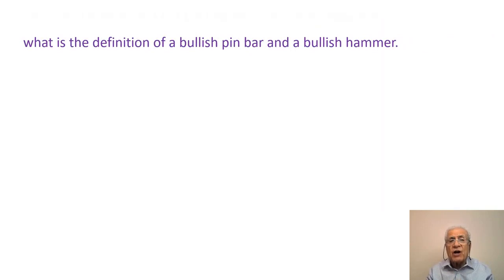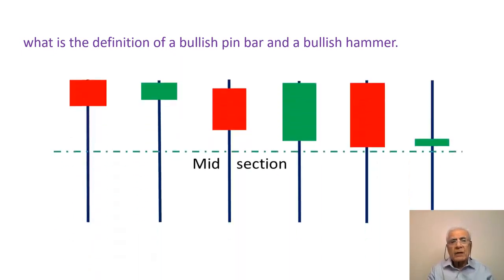What is the definition of bullish and bearish pin bar and hammer? In this graph, you see so many different pin bars with different colors and different body sizes, and all of them have the same length.